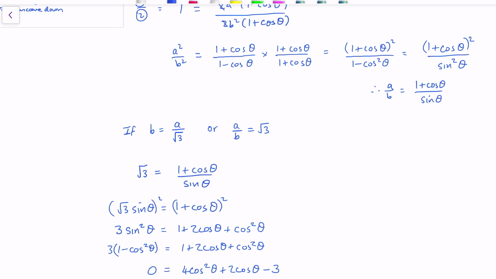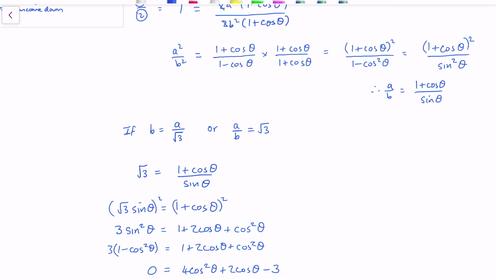I'm just going to check, but that's it. And if I let u equal cos theta, does this actually factorize? Let's have a look. Polynomial, just grabbing my graphics calculator here. Nope.